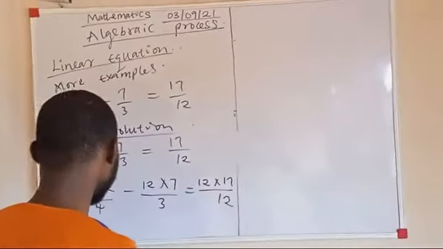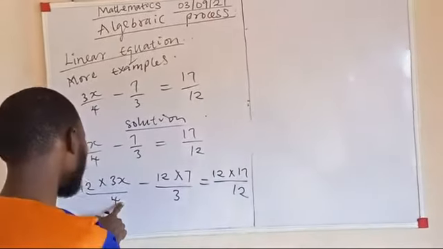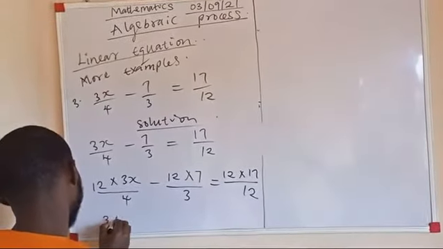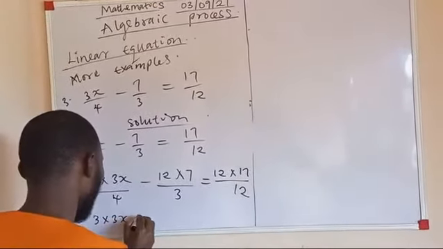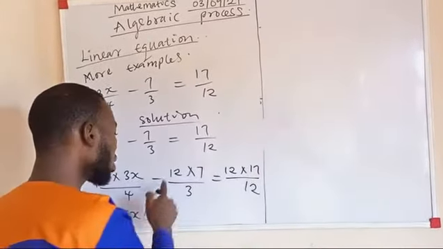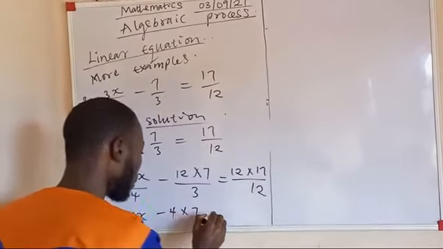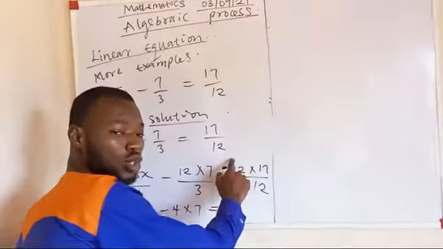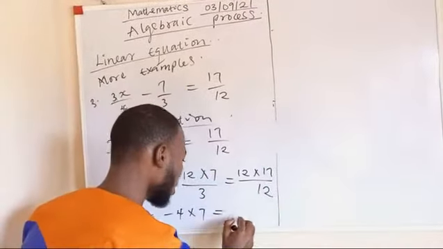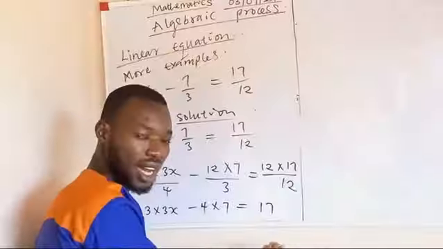In this case now, 12 divided by 4 will give us 3. So we have 3 times 3x minus, 12 divided by 3 gives us 4, times 7, is equal to, 12 divided by 12 gives us 1, times 17 will give us 17. So it is now a linear form.